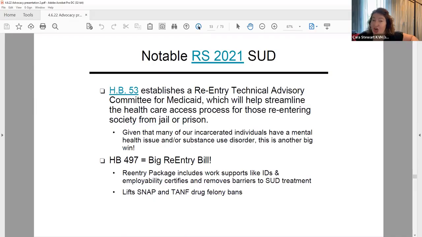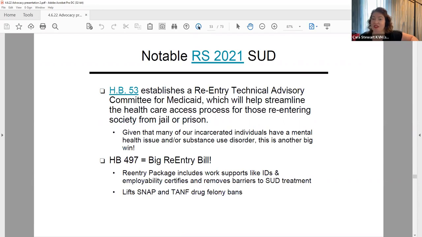And now they're permanently banned from being able to ever have food support, which I find to be inhumane and also bad policy, outside of the moral reality there. But that ban was in place, and there was nothing you could do about it. And there were a lot of Kentuckians who were prevented from getting help with food because of that ban. So this lifted that ban.